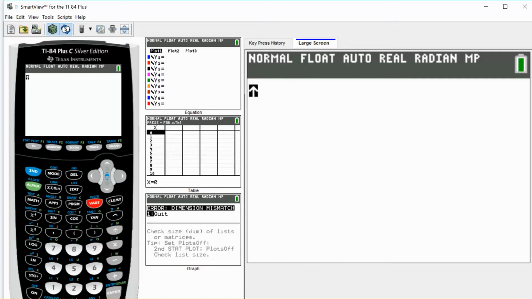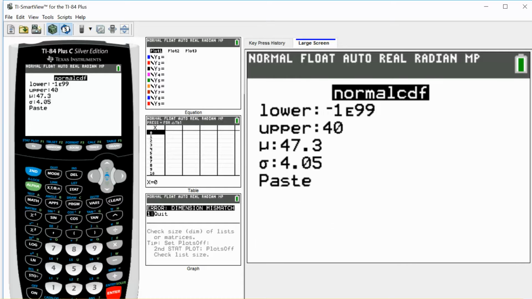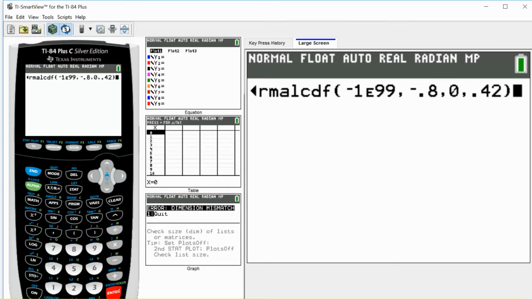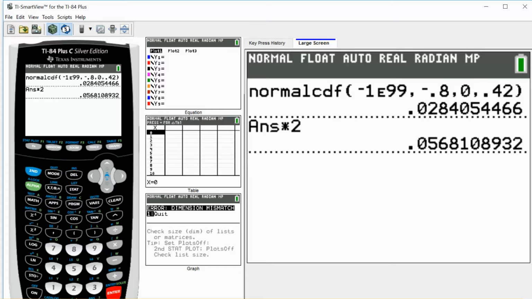So second bars, normal CDF. I'll start with my lower bound, which can be any really small number. Then I'm going to plug in negative 0.8, a mean of 0, and a standard deviation of 0.42. I'm going to paste the command that I wrote on our screen, and I get 0.028. I'm going to multiply that by 2 because I have both sides.